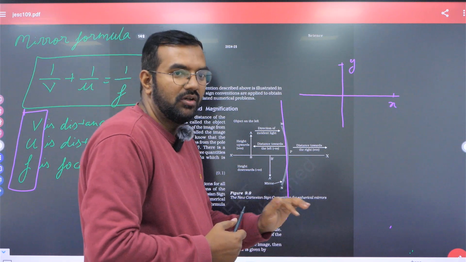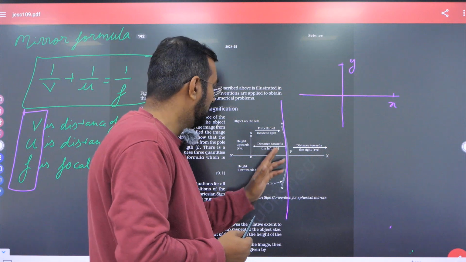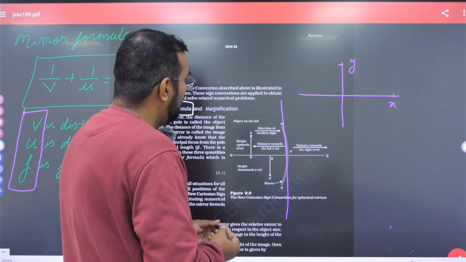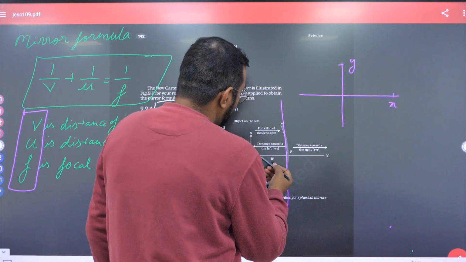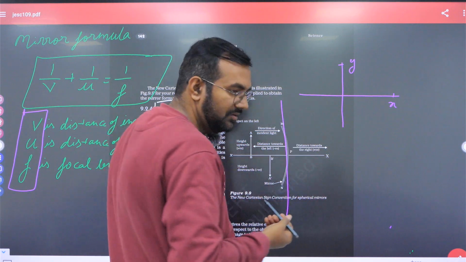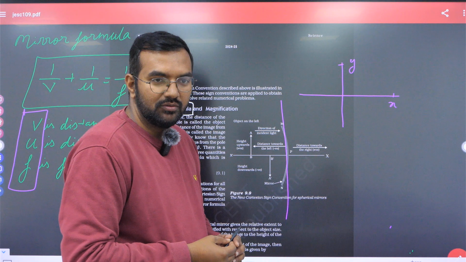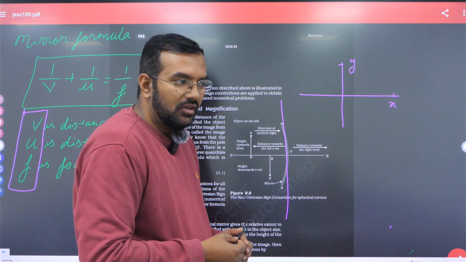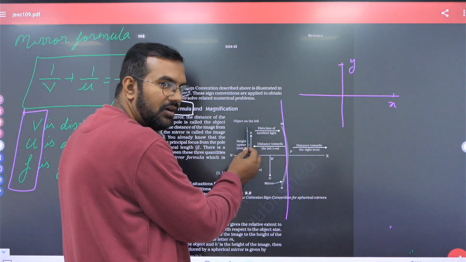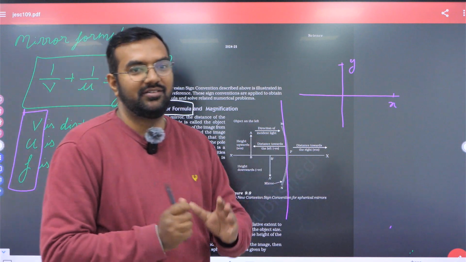In any mirror, convex or concave, there are two types of mirror, na? In any mirror, the object distance will always take a negative value. Similarly, the values above the x-axis will take positive value and below the x-axis will take negative value. The object is always upside of the x-axis, so the object will always take a positive value in terms of its height.